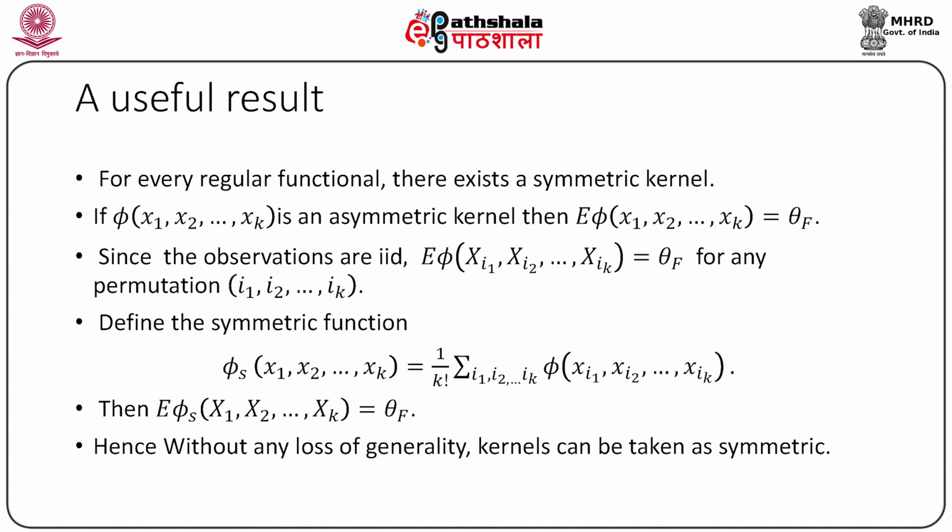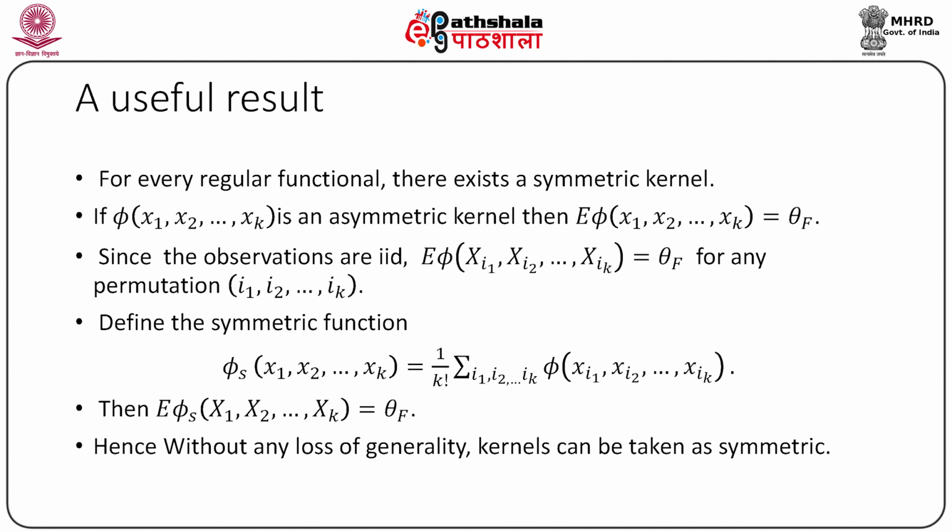Now, we give an interesting result, which is that for every regular functional, there exists a symmetric kernel. The proof goes like this. Consider a kernel of degree k and take all the k factorial permutations of its arguments.